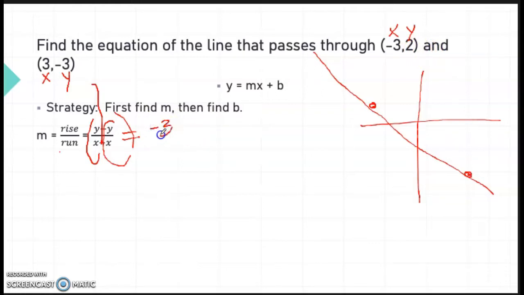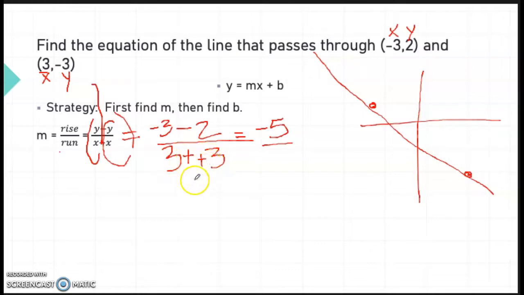I can say -3 minus 2, that's Y minus Y, over X minus X. I use -3 first, which means I have to come to this X first in the denominator. 3 minus -3, X minus X. I have Y minus Y over X minus X. That gives me -5 over 3 minus a -3, which is 3 plus 3. And I end up with a slope of -5/6.